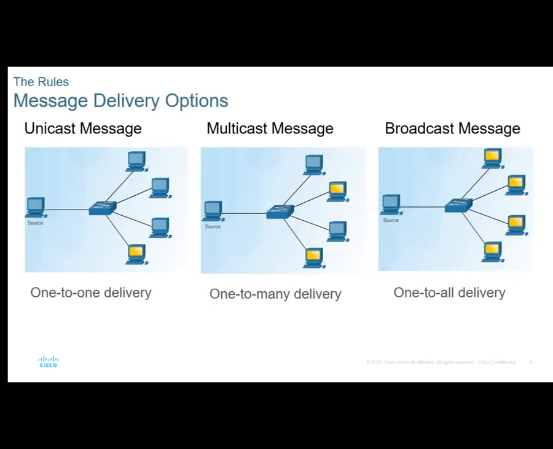This is delivery options, and you're going to see this a lot. You might want to jot this down, okay? It's really rather simple when you think about it. We've got one-to-one delivery, one-to-many delivery, and one-to-all delivery, okay? We'll talk about unicast, multicast, and broadcast.